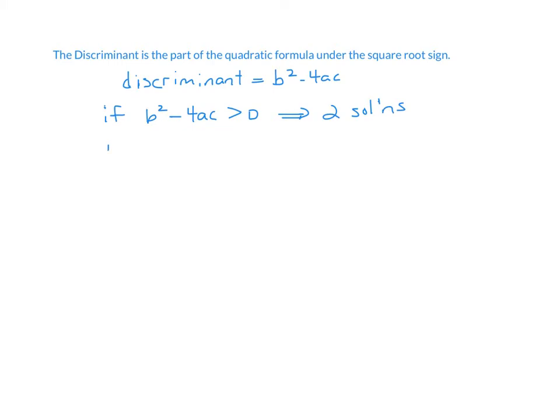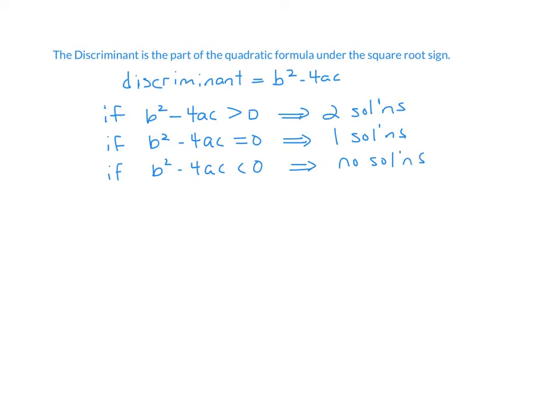If b squared minus 4ac is equal to 0, like part B, then there's going to be one solution or one x-intercept. And if b squared minus 4ac is negative, less than 0, that gives you no solutions, no x-intercept. There's no value of x that will make that quadratic equation true. All right, so let's do an example or two here just to help us out.